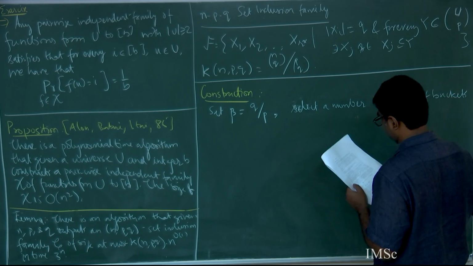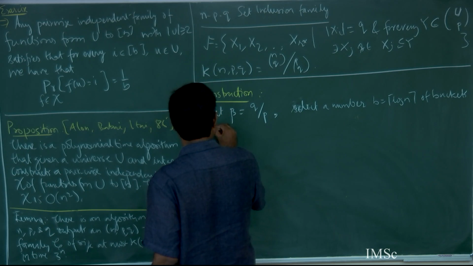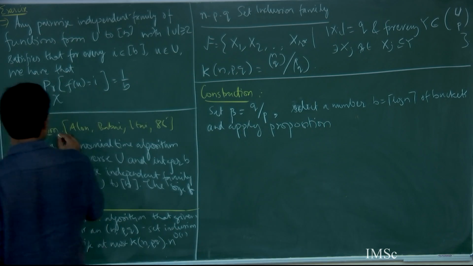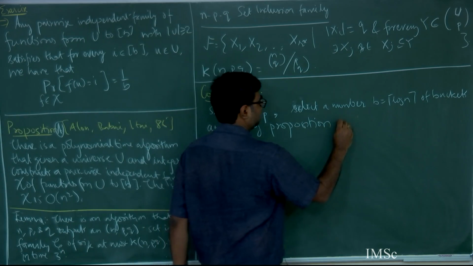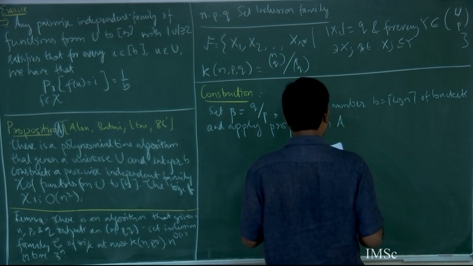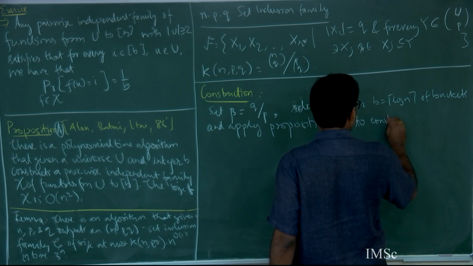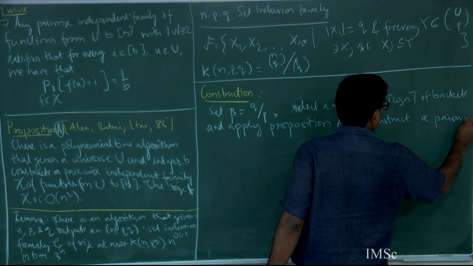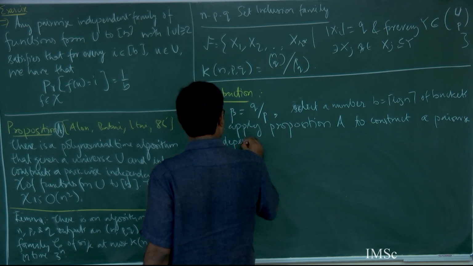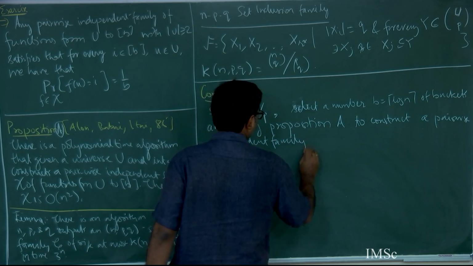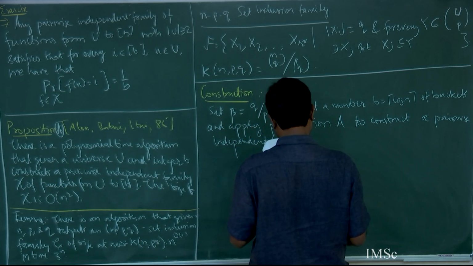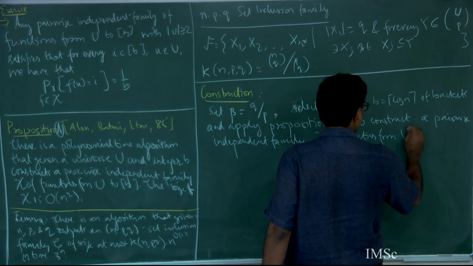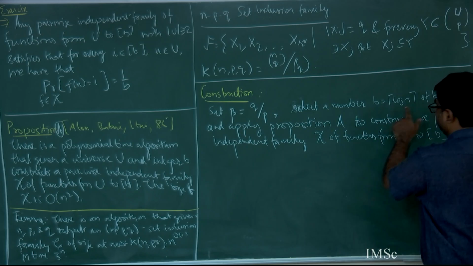And apply proposition A. Apply proposition A to construct a pairwise independent family chi of functions from U to B. So I set B equal to log n and apply this proposition.